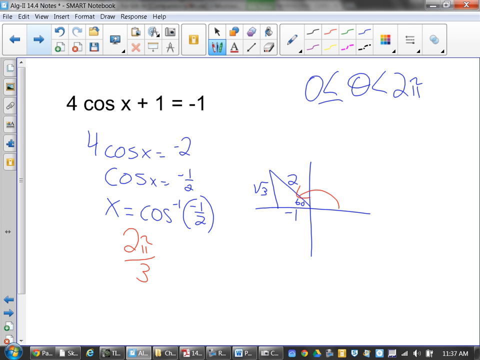Perfect. Your reference angle bounces off the x-axis, pi over 3, and where else will cosine be negative? Down in the third quadrant. Perfect, because the other value is down here, still negative 1 over 2. Not bad, is it?